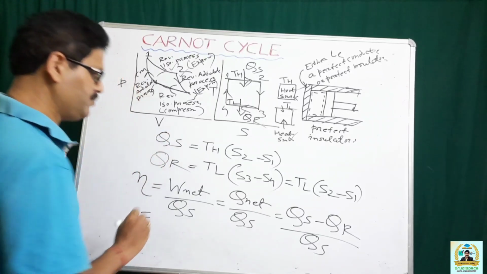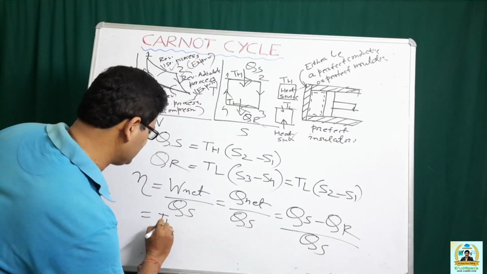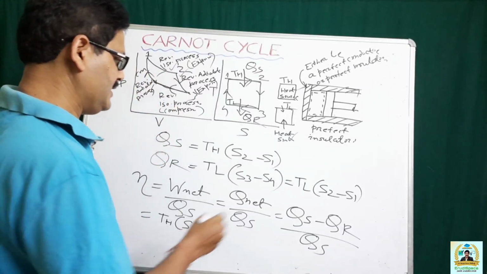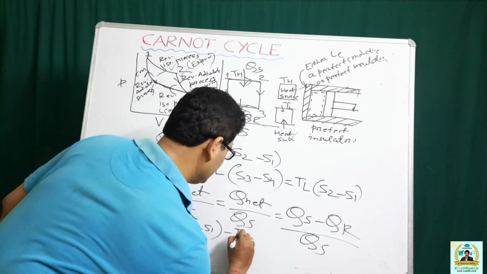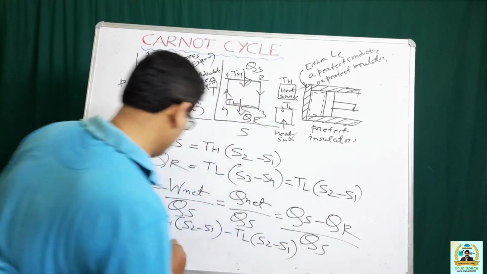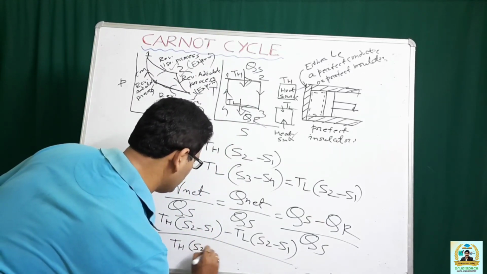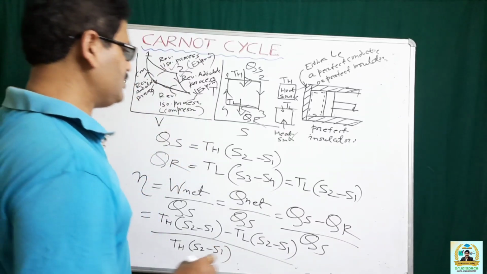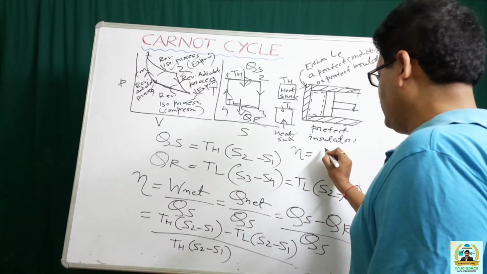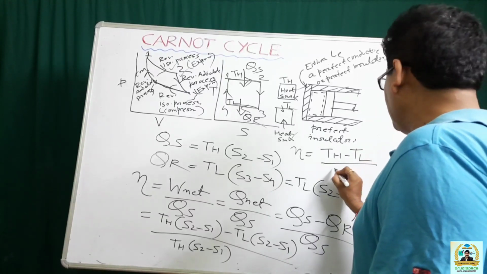That is equal to Qs, which is Th multiplied by S2 minus S1, minus Qr, which is TL multiplied by S2 minus S1, whole divided by Th into S2 minus S1. So now from this we get eta is equal to Th minus TL divided by Th.